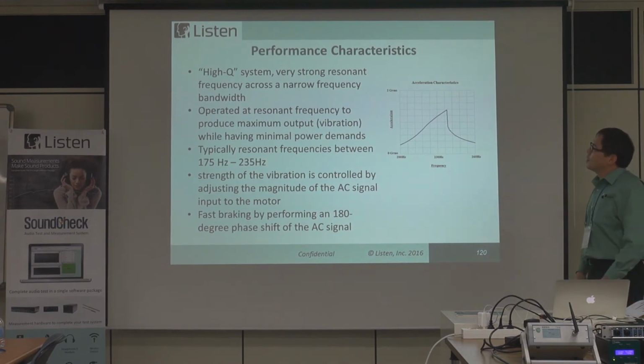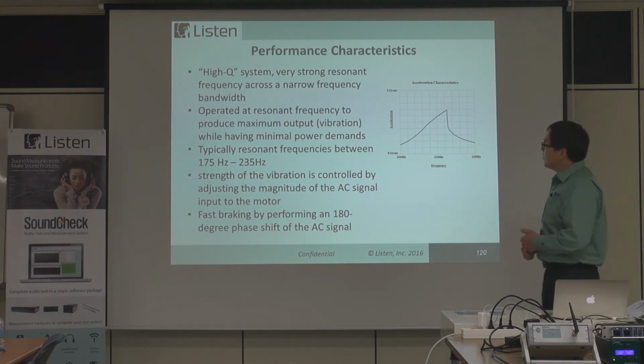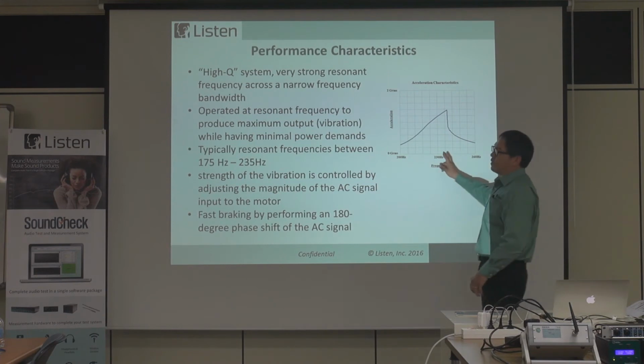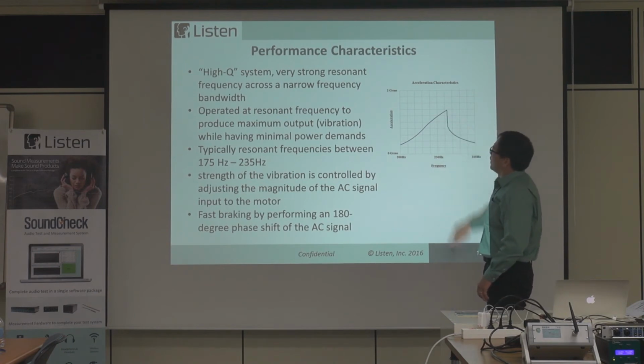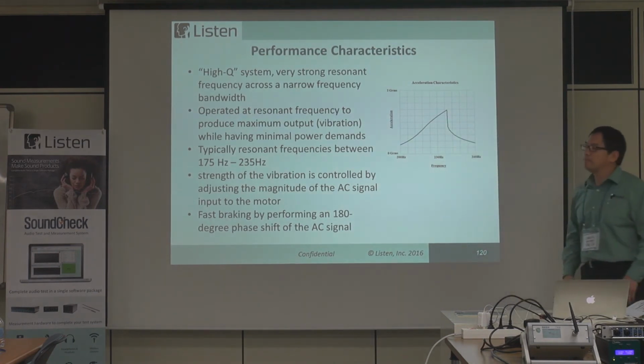Essentially, a linear motor is a high Q system, so it has a very strong resonance across a very narrow frequency bandwidth. All linear motors basically have a single resonance peak, and that's where it's going to operate every time. That's where the maximum output is, and it's also where the minimum power is required.